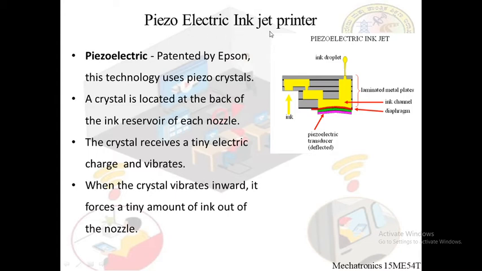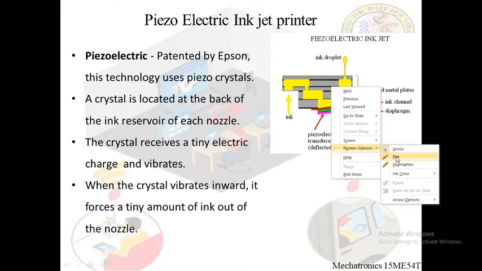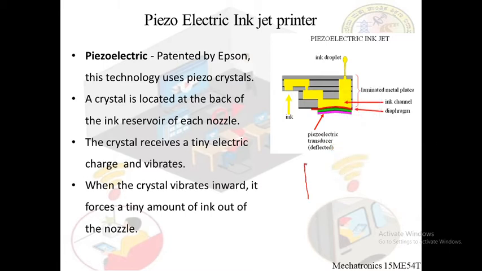The piezoelectric inkjet printer, patented by Epson, uses a piezoelectric crystal. We know what exactly a piezoelectric crystal is. Piezoelectric crystals like quartz vibrate when a load is applied to them.